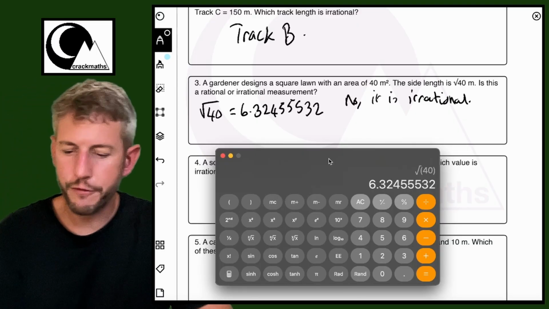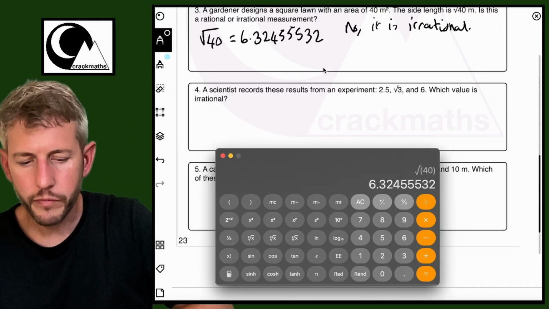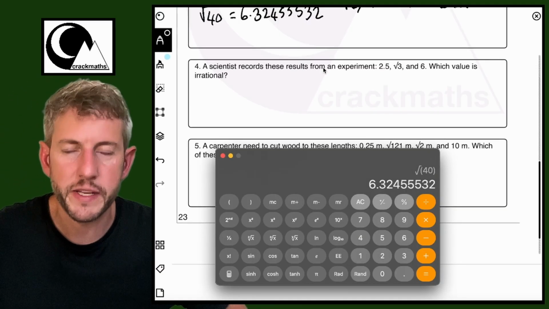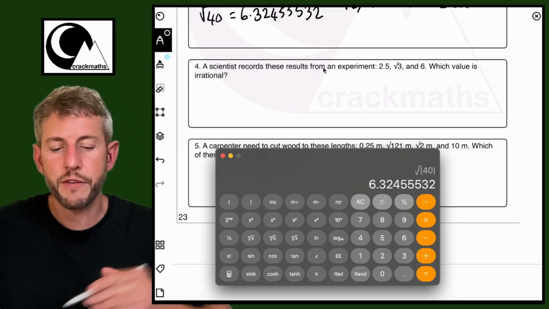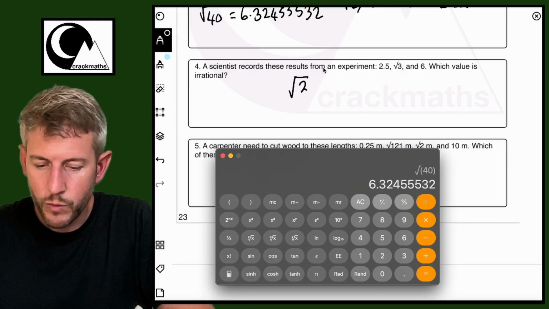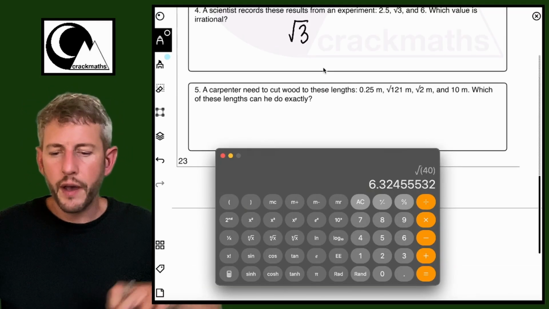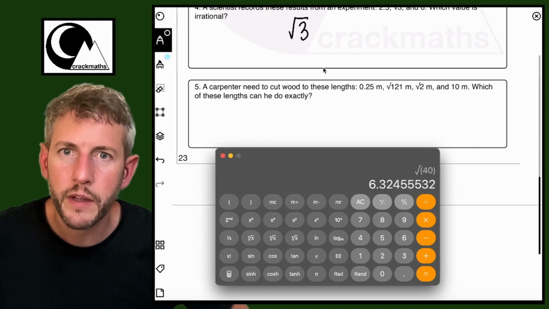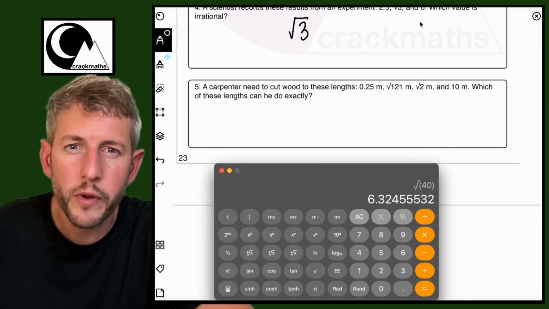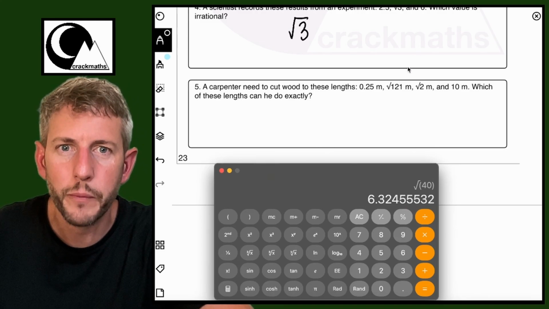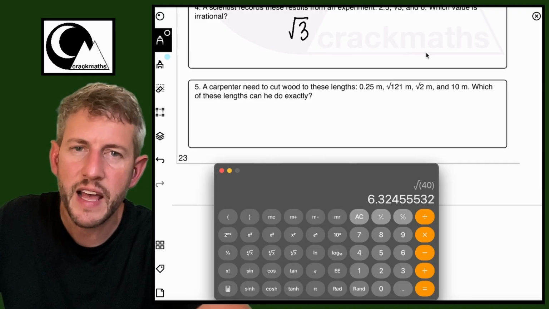Okay, right, question 4, what we have here is a scientist records 3 results from an experiment, 2.5, root 3 and 6. Which value is irrational? Well, that is root 3. Okay. And then the 5th one for this one. A carpenter needs to cut these lengths: 0.25 metres, root 121 metres, root 2 metres and 10 metres.